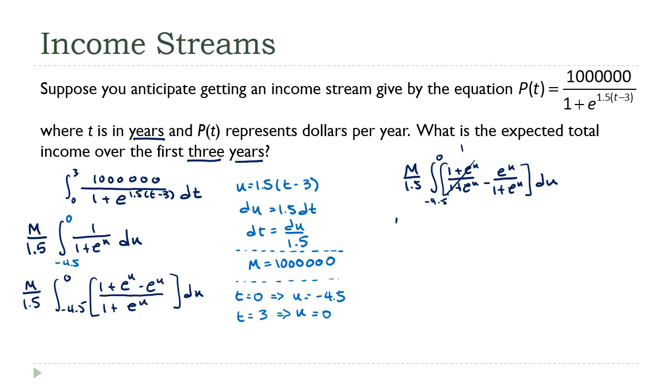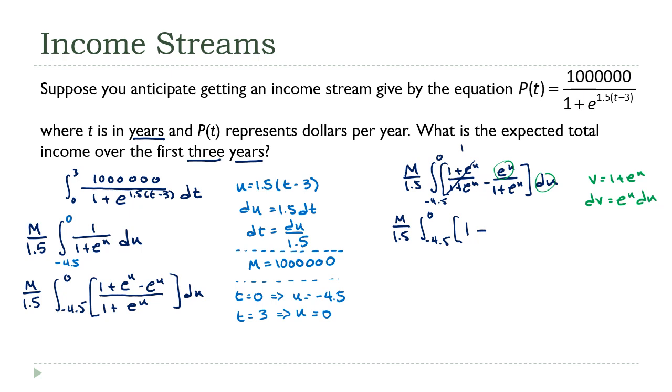So this is m over 1.5 integral negative 4.5 to 0 of 1 minus, and now I'm going to do a second substitution. I'm going to let v equal 1 plus e to the u. So dv is e to the u du, because you notice I've got an e to the u and a du here.